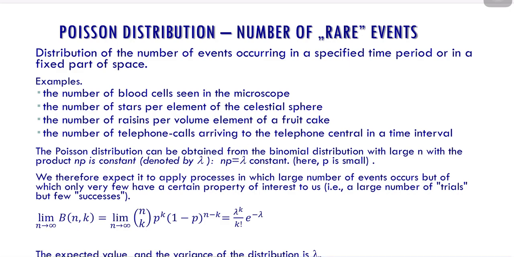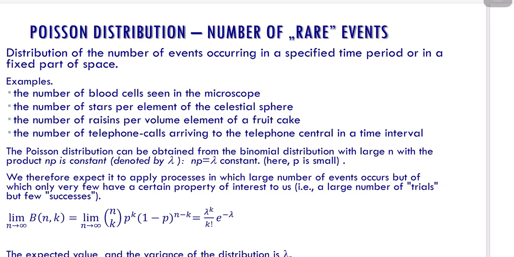Usually with a large number of trials but few successes, we can calculate with the Poisson distribution method. As you see here, we have p to the power k and 1 minus p to the power n minus k. As you remember, we used last time the formula p over 1 minus p. It's very important for these methods.